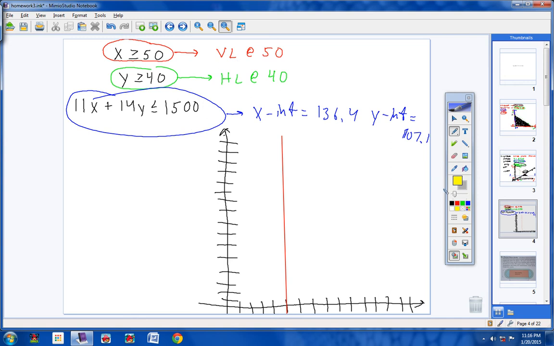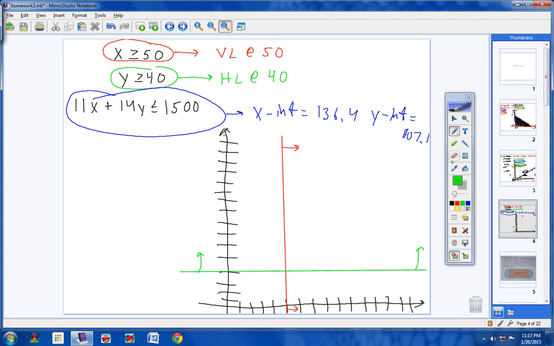And it says x is greater than 50, so we're going to shade to the right. Now let's graph this next line, a horizontal line at 40, so 10, 20, 30, 40. We notice that it says y is greater than 40, so we're going to shade upward, toward greater than.